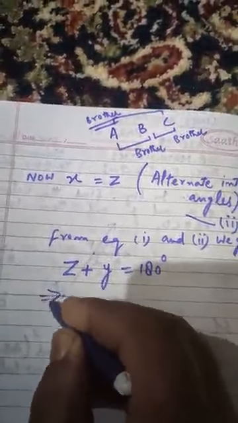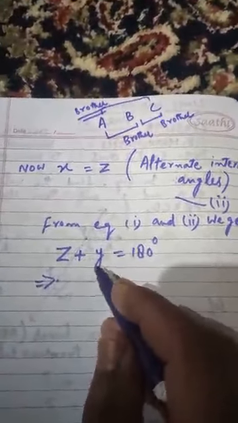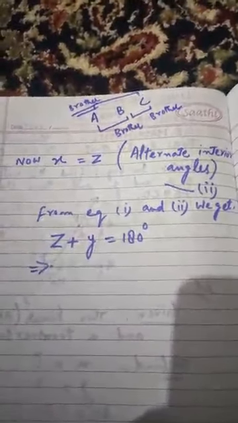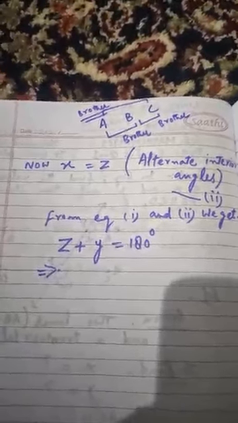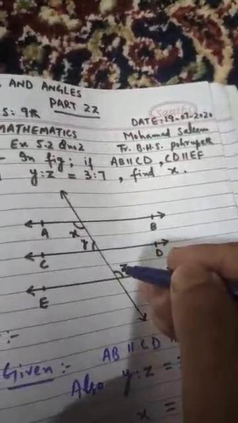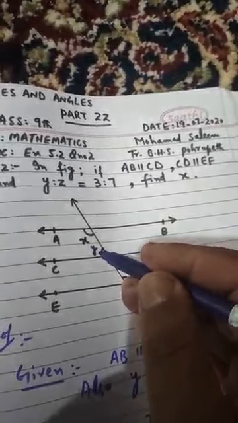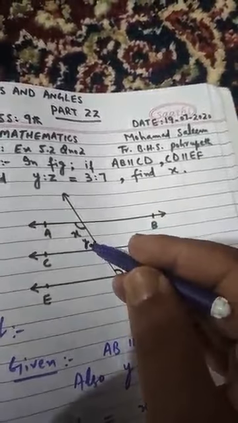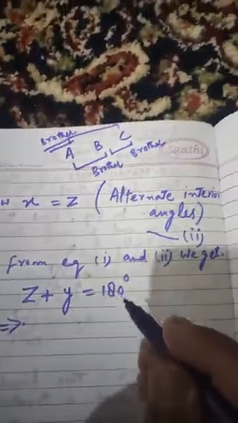Okay, now do we know z or y? Do we know any of these angles? No, we do not know what y and z are, and we don't even know their sum. Do we know their sum? Yes, y plus z is equal to 180 degrees.